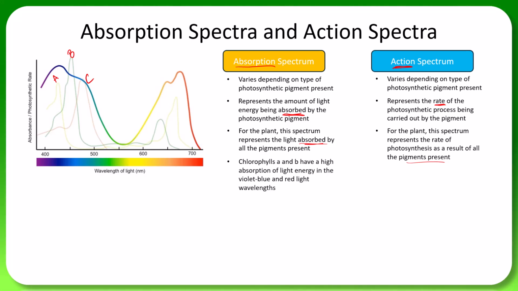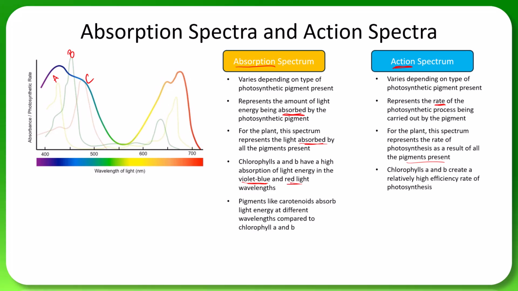For the absorption spectrum, chlorophylls A and B have a high absorption of light energy in the violet, blue, and red light wavelengths. For the action spectrum, chlorophylls A and B create a relatively high efficiency rate of photosynthesis, especially in that same band of color, the violet, blue, and red light wavelengths.